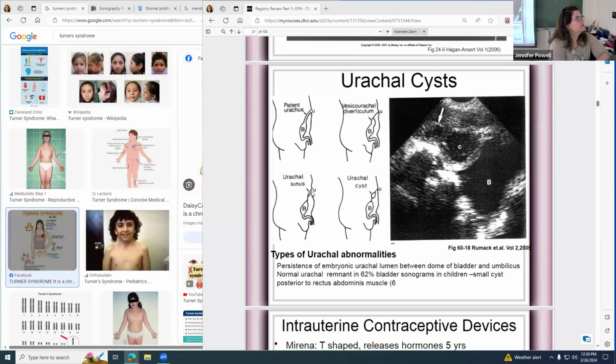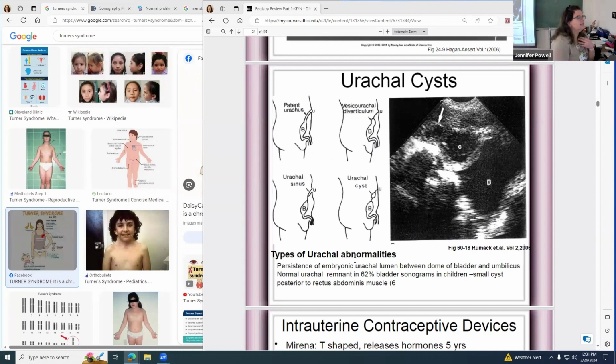That's where you have this invagination of the belly button or umbilicus that has an attachment to the bladder, and then this urachal cyst. So if you're ever asked to scan for urachal abnormalities, you're looking for some sort of connection between the bladder and the belly button.